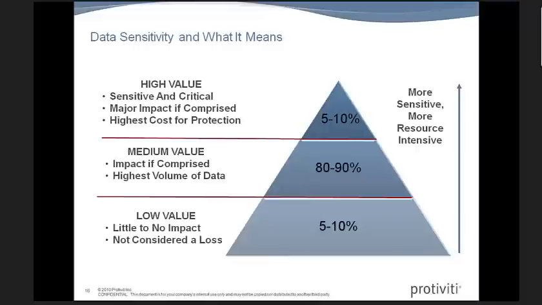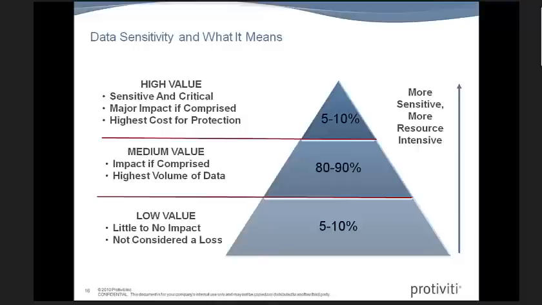What you see here is a typical environment that we have seen across the client base. At the top of the pyramid is that information which most organizations consider the most important, the most critical part of their environment. It's usually around 5 to 10%, and it's considered high value. Why? Because it's sensitive and very critical.